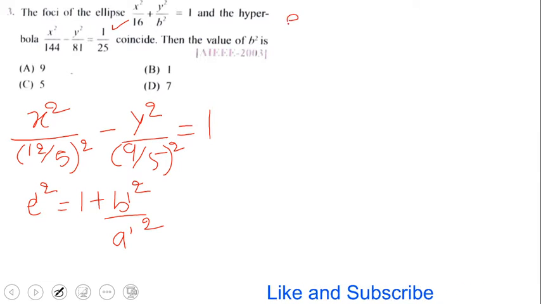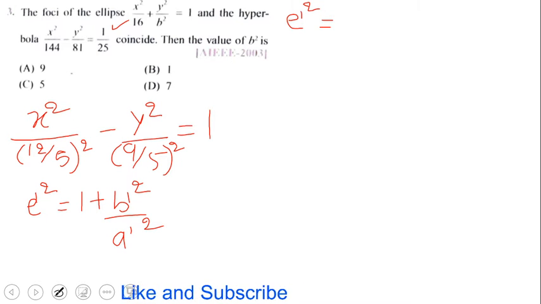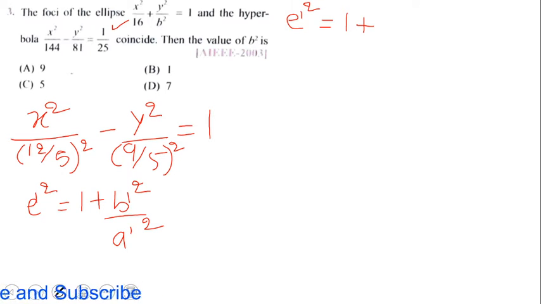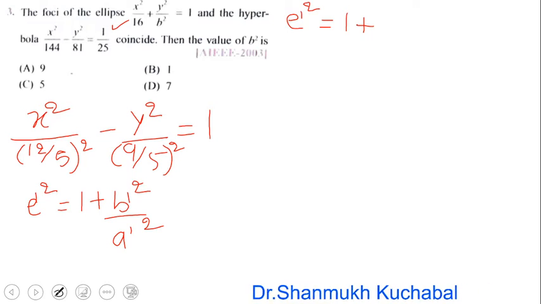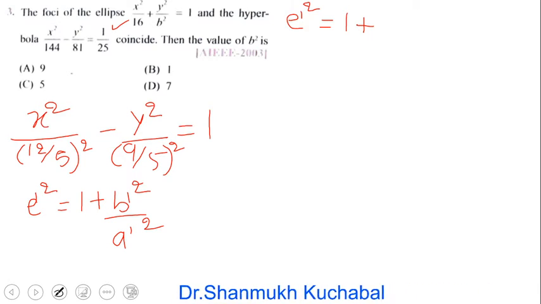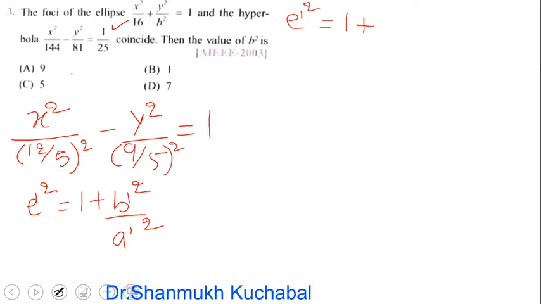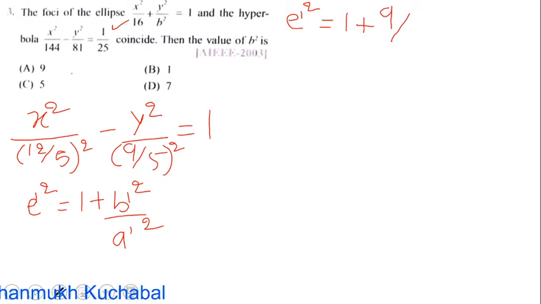So further e dash square, I am writing as it is, 1 plus b is 9 by 5, a is 12 by 5. We substitute, 5 gets cancelled, so squaring, we get 3 square, which is 9. We'll write this 9 divided by 16, we are going to get it here.